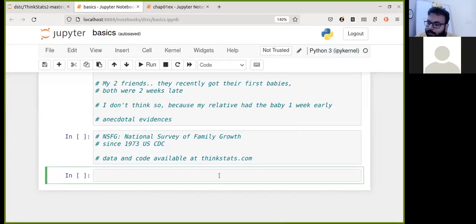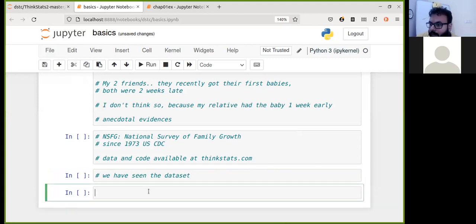So now we have seen the data set. Now we are going to understand certain important points. What kind of study is this? There are two types of studies.